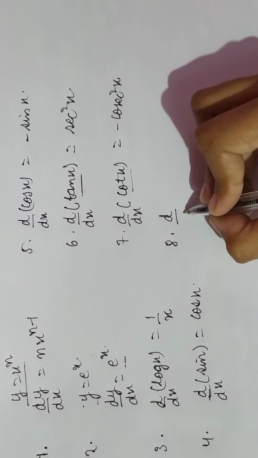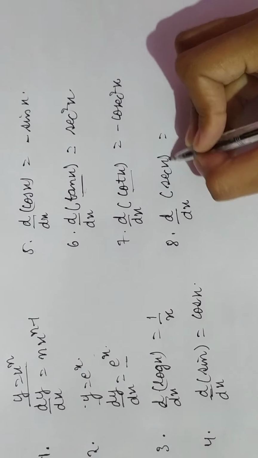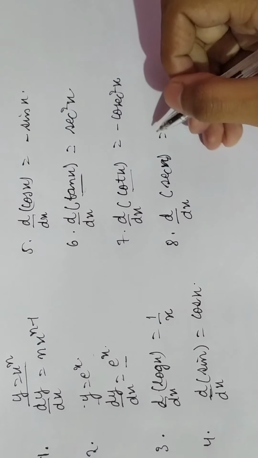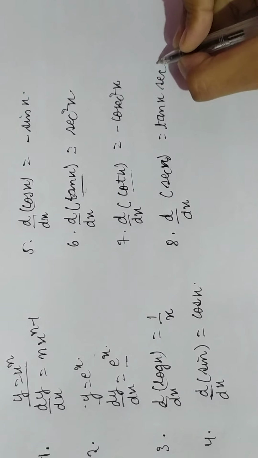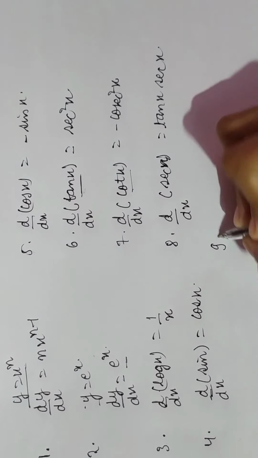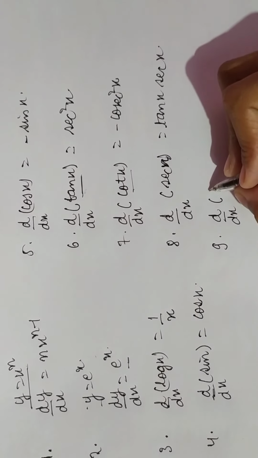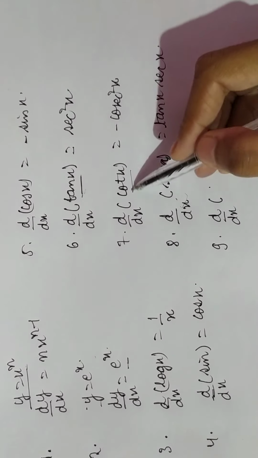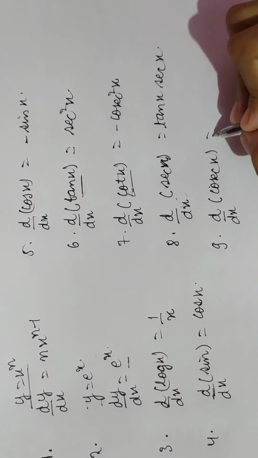But if we want to find the differentiation of sec x, it will be sec x tan x. The next thing: we have found sec x, and now the differentiation of cosec x, what will that be?